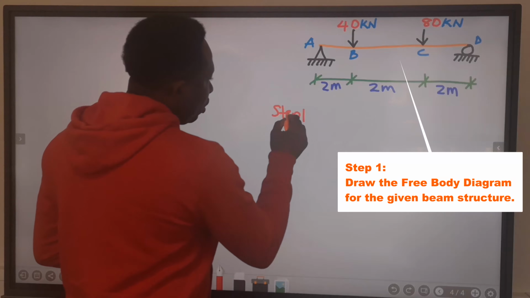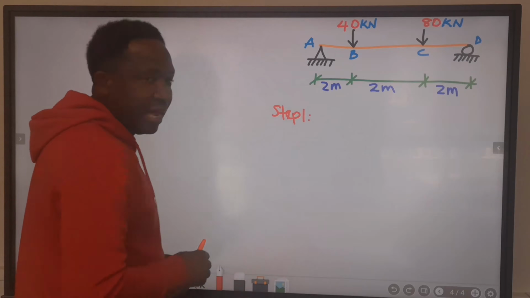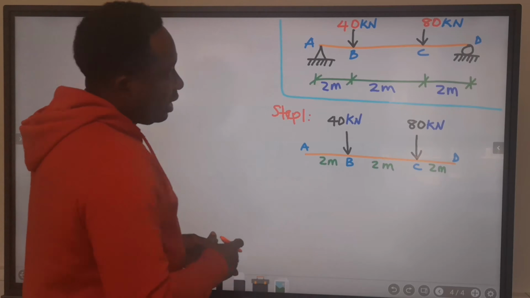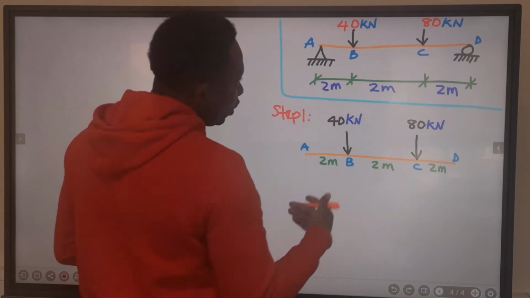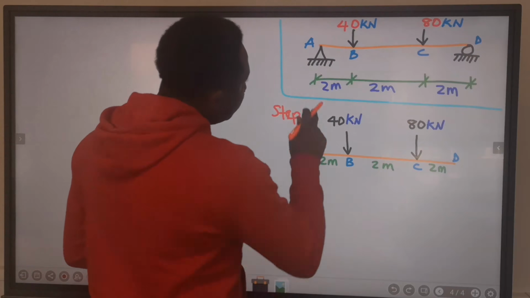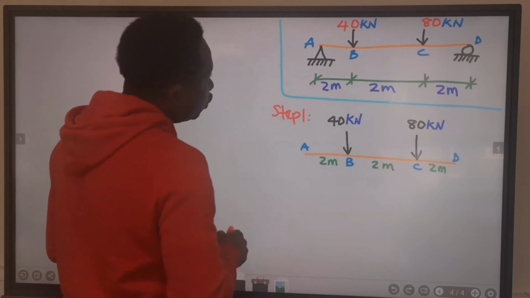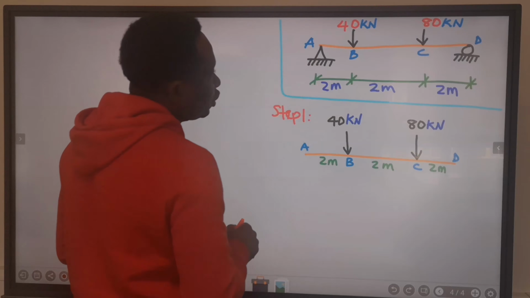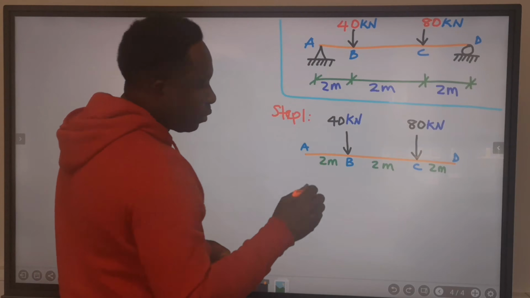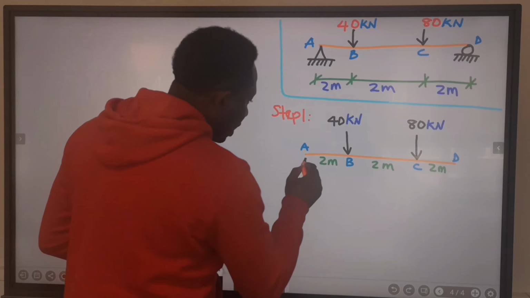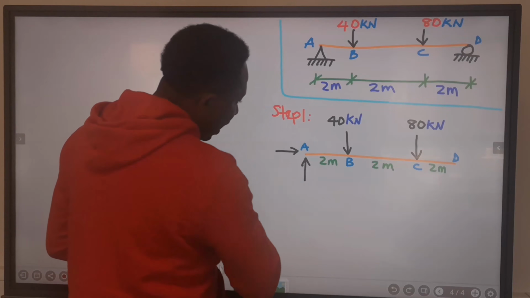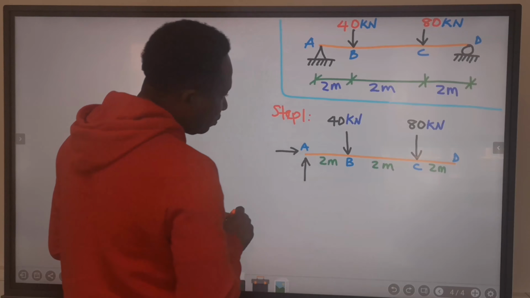We are going to draw the free body diagram. The free body diagram is simply redrawing the question, but we are going to replace the support. Here we have a pinned support, and for a pinned support, it's going to be two arrows, a vertical arrow and a horizontal arrow.